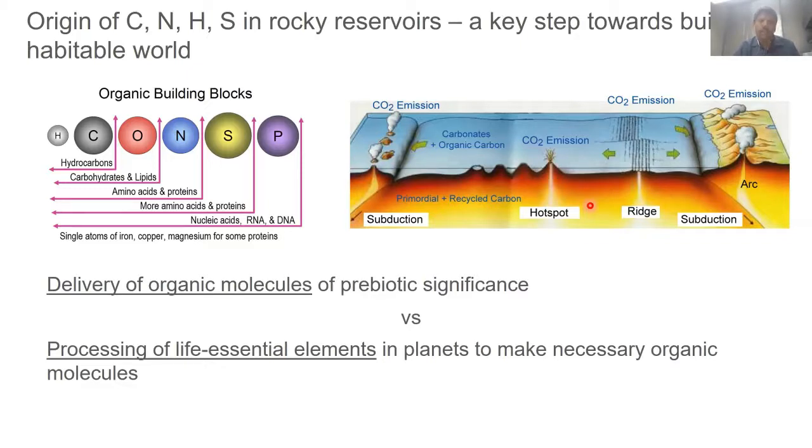So we are not interested directly in the origin of organic molecules of prebiotic significance, but we are interested in the origin of the elements that are essential for forming those organic molecules.